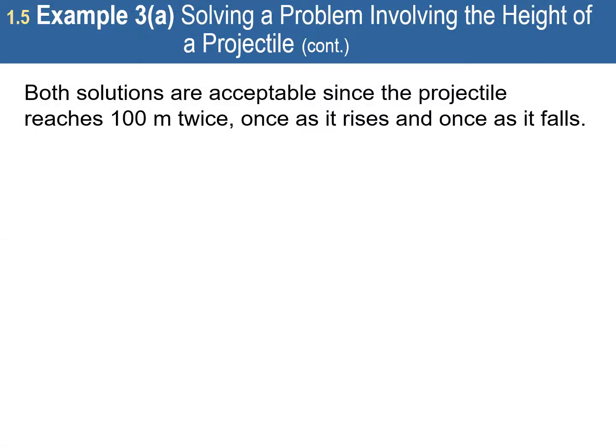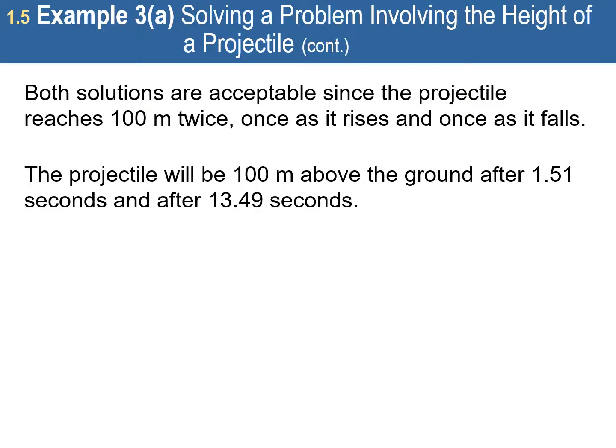Both solutions are okay because the projectile passes 100 twice, once when it goes up and once when it comes down. So the projectile is going to be 100 meters above the ground after 1.5 seconds, and then after 13.49 seconds. So it's above 100 meters only between 1.51 and 13.49.